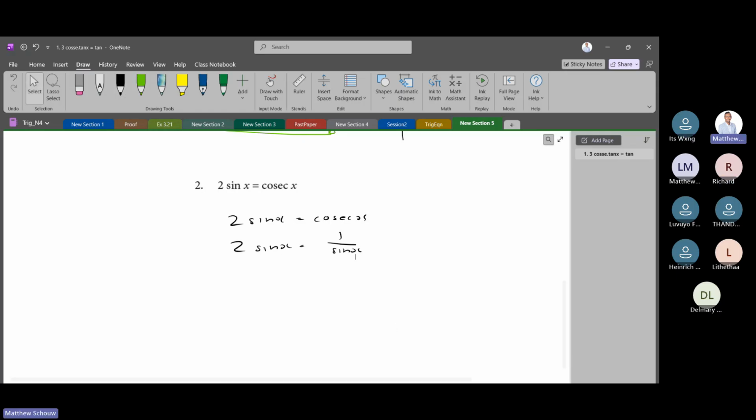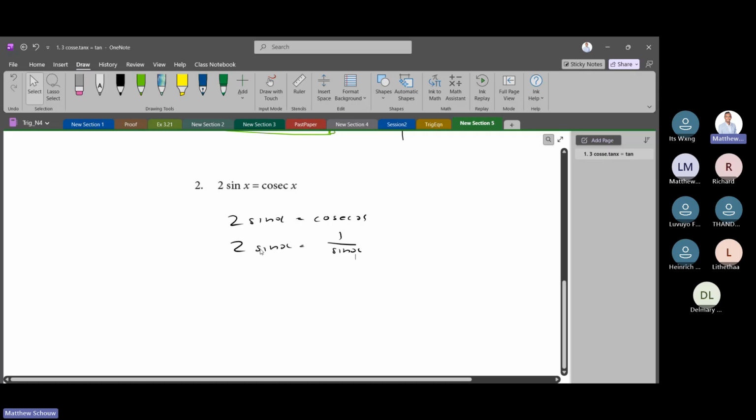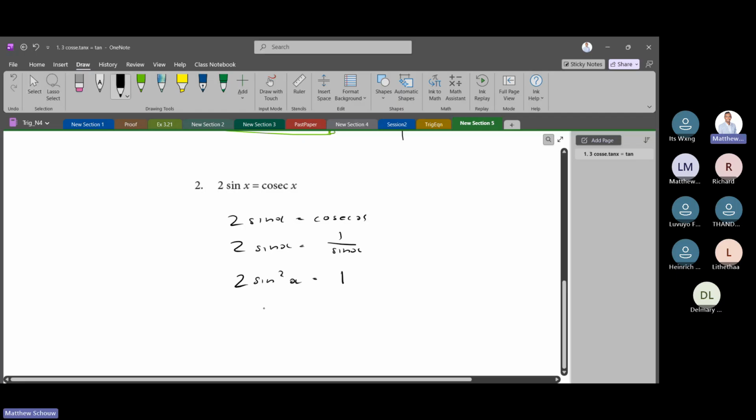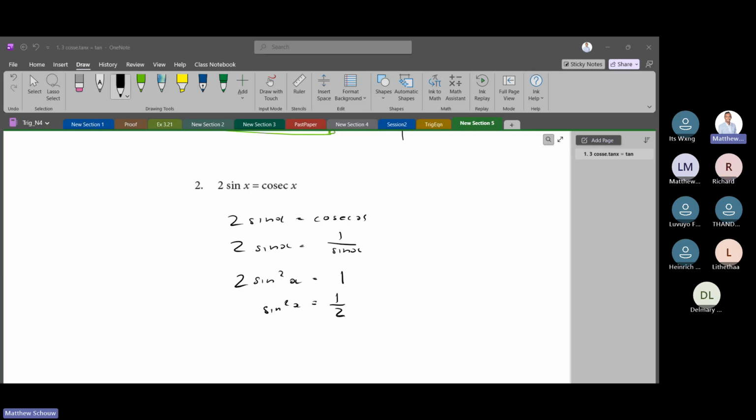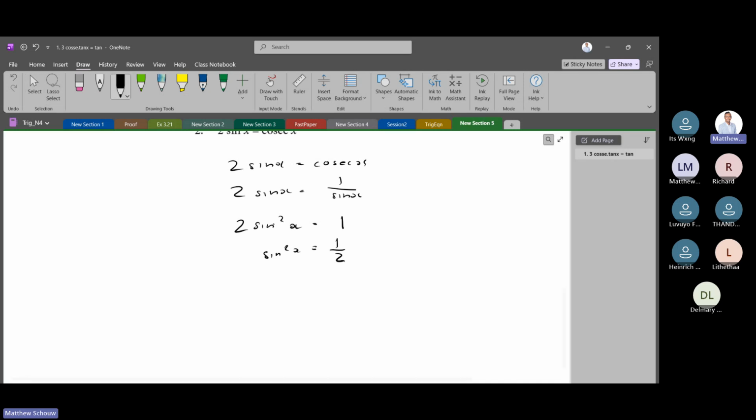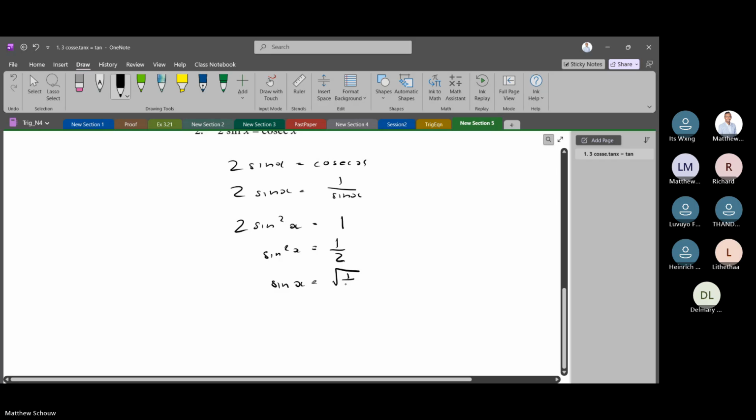Then we multiply both sides by sine, so we have 2 sine squared equal to 1. Are you all happy with that? Yes. Then sine squared equals a half. To get rid of the square, we must root it. So sine x equals root 1 over 2.